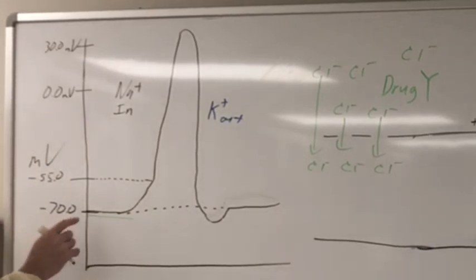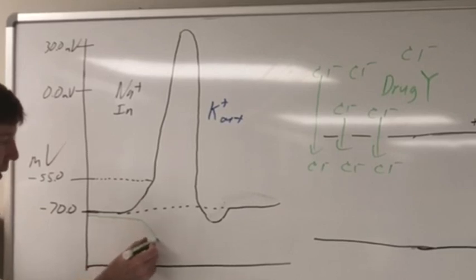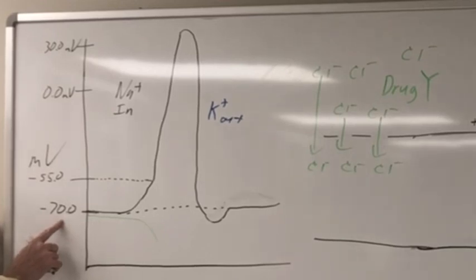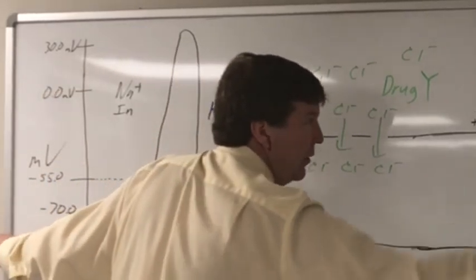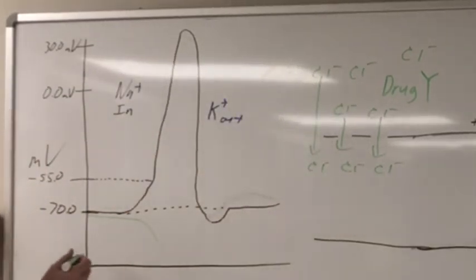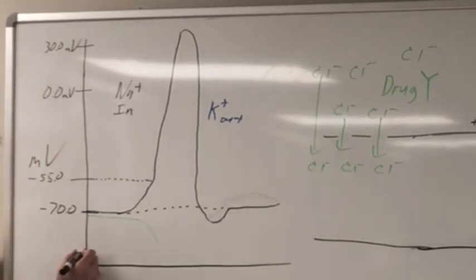So here's resting, and what's going to happen is we're going to decrease this value here. So now we're going down because of the negative effect on that negative 70. So look at where we are now. Now maybe we're at, let's go with negative 85.0 millivolts.